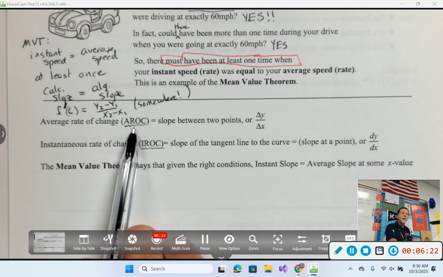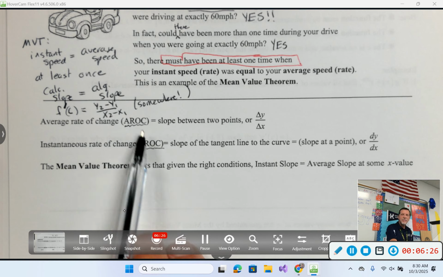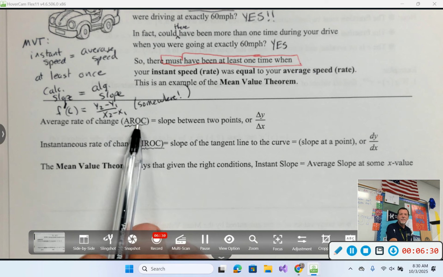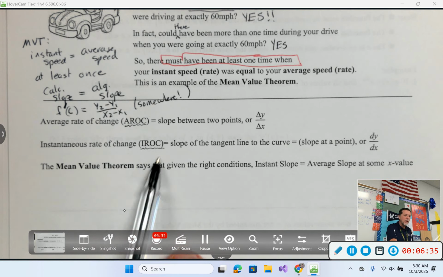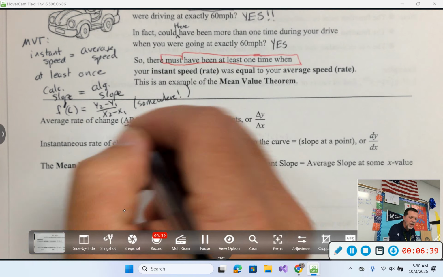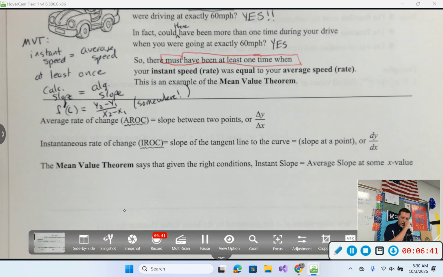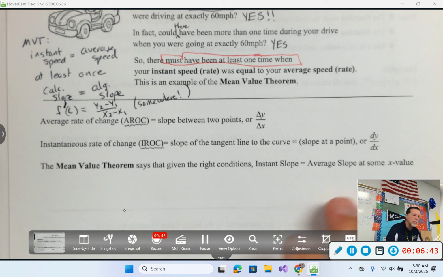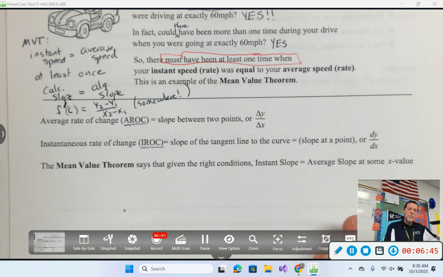I'll know what you mean, but will an AP grader know what you mean? Maybe, but maybe not. And if college credit is riding on the line, don't assume they know what AROC and IROC mean. You can abbreviate it close enough: average rate of change, instant rate of change. So be careful with abbreviations, especially on the AP test.